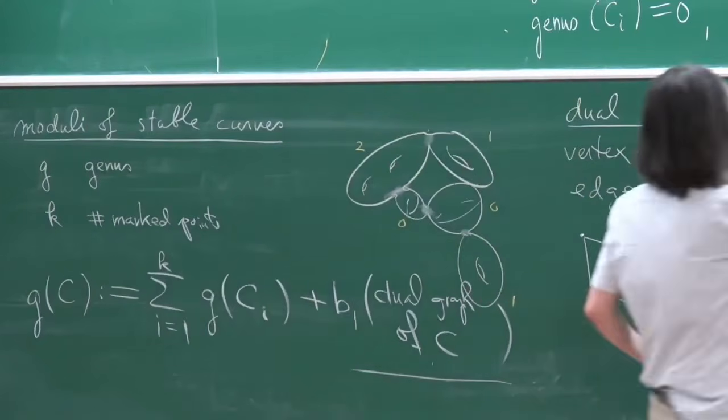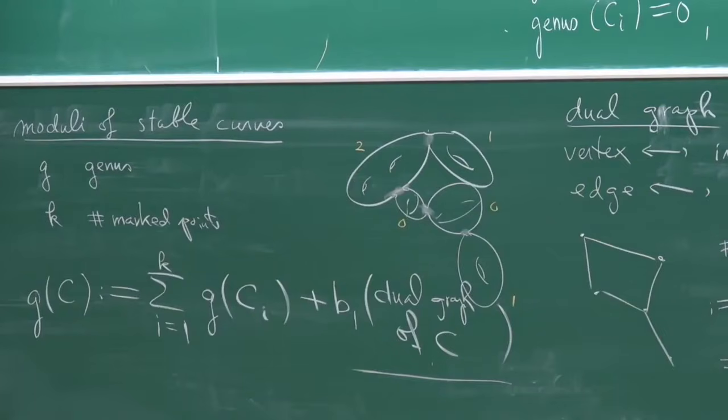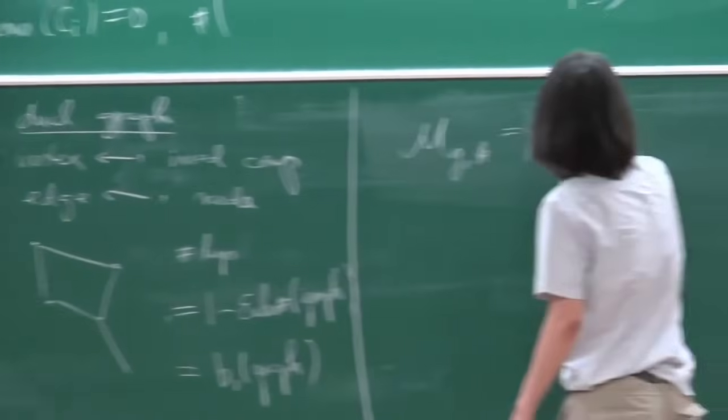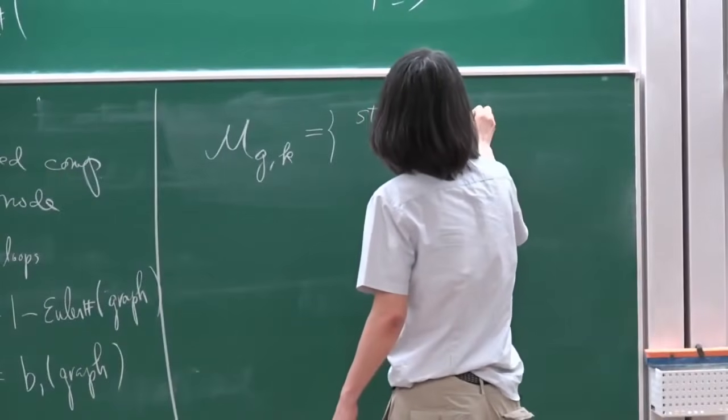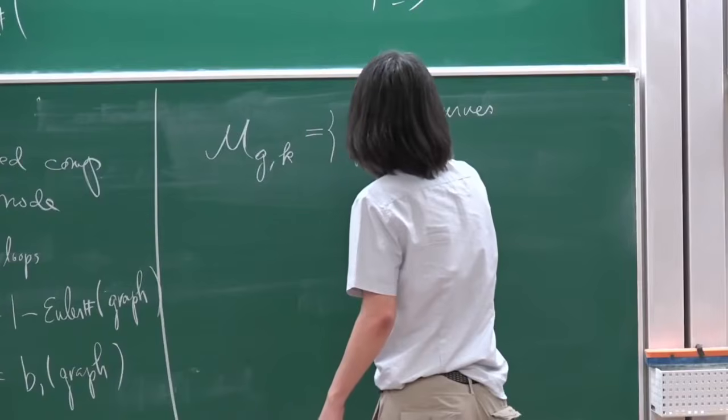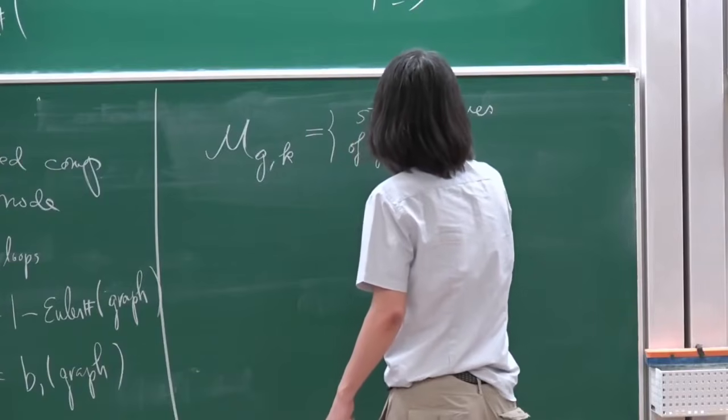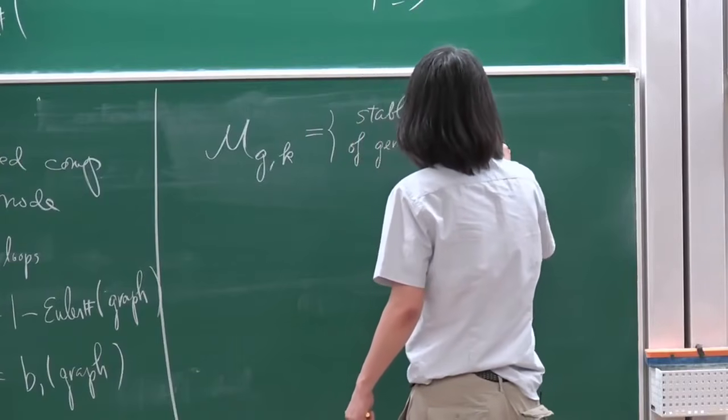Okay, so now we just collect all of them, and this one is written as M_{g,k}. This is the moduli space of stable curves of genus g, and the number of marked points is equal to k.